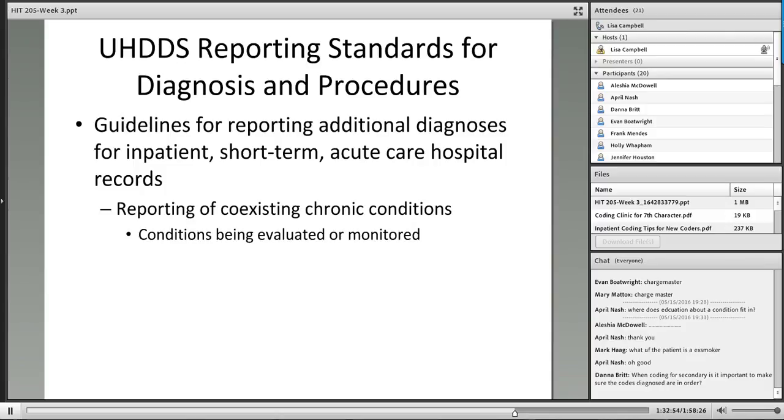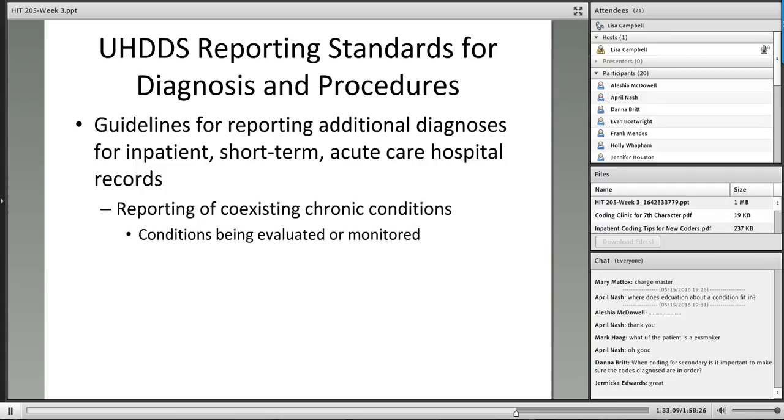Also, in terms of what order you put them in, it is the principal diagnosis that drives the reimbursement. The rest of them can be in any order you want them to be in. But the principal has to be in the principal position in that encoder because that's what's going to drive your MS-DRG. When the encoder sees your secondary diagnoses, then the encoder knows if it's a CC or an MCC.